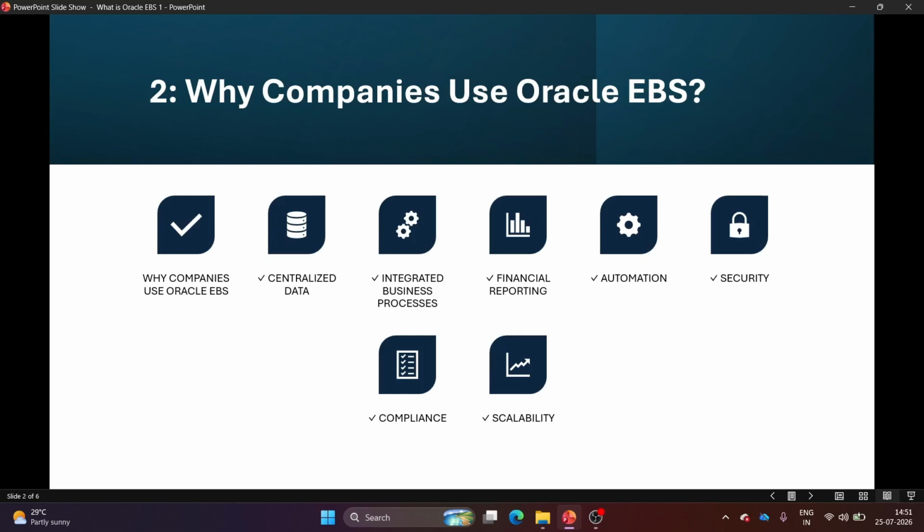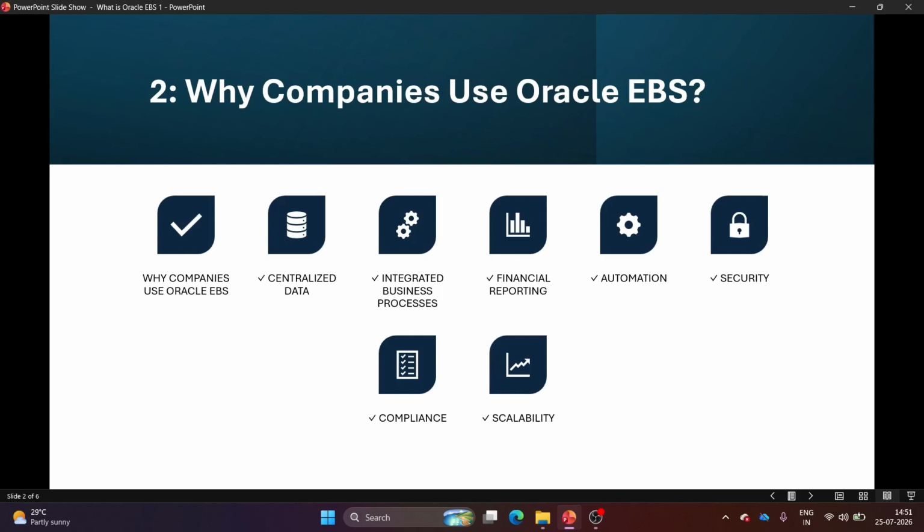So let me explain centralized data. Oracle EBS stores all business information in a single database. Finance, purchasing, inventory, and HR departments use the same system, so everyone works with consistent and up-to-date information.